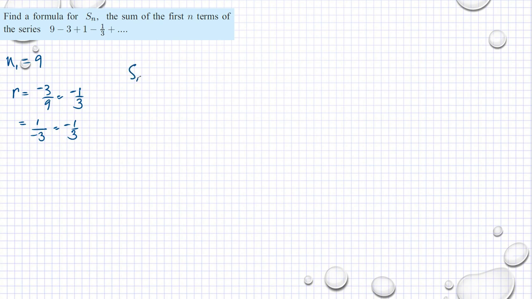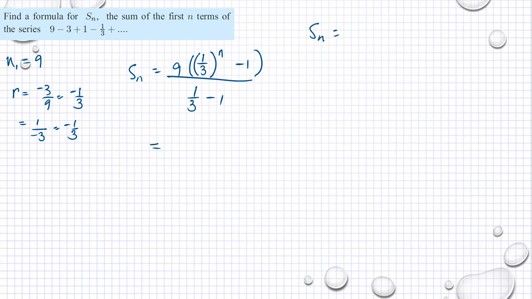So our S sub n is equal to u sub 1, which is 9, multiplied by r, we have negative 1/3 raised to n minus 1 divided by negative 1/3 minus 1. See now, I don't want to have negative here, so I can use instead this one.